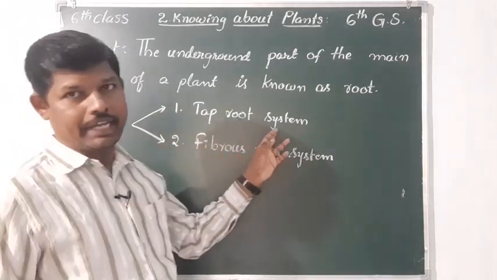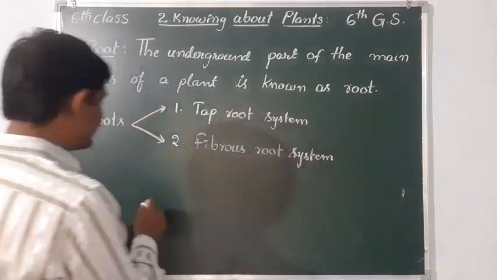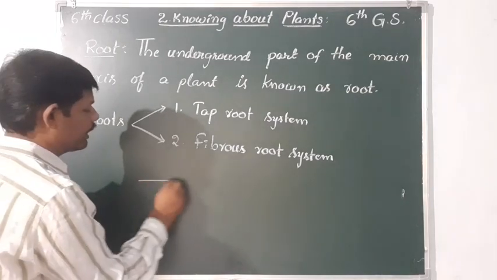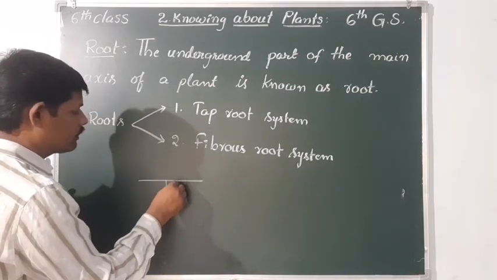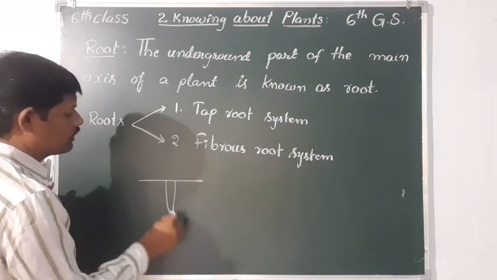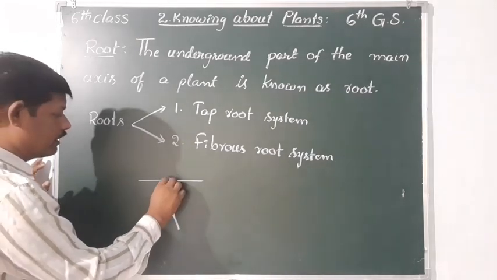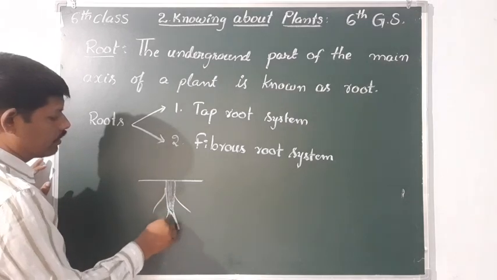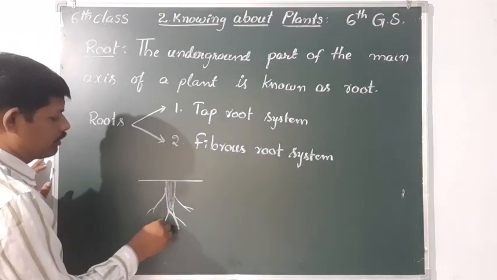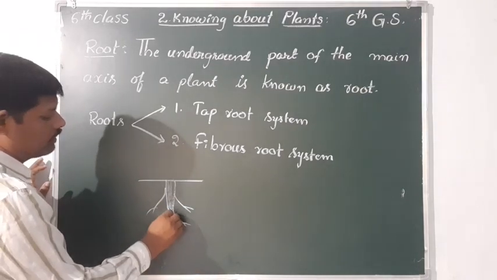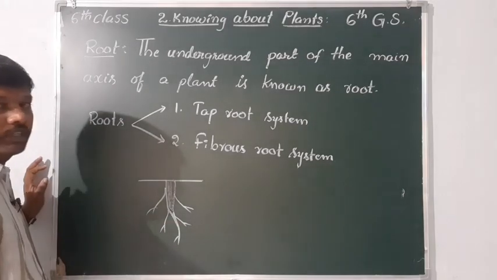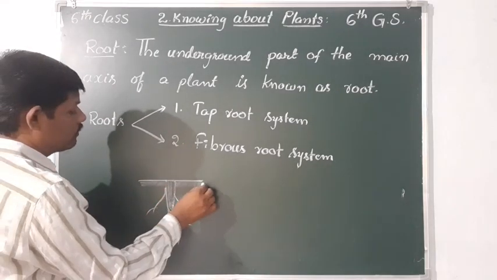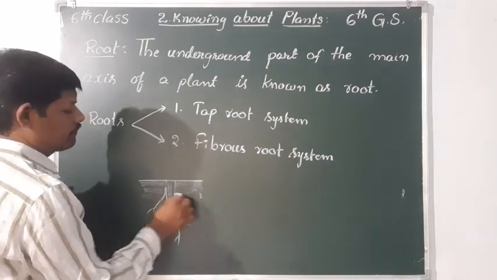One is the tap root system. If you observe the diagram, this is the main root, which we call the tap root, and from this the lateral roots come out as small branches. This is the tap root system.